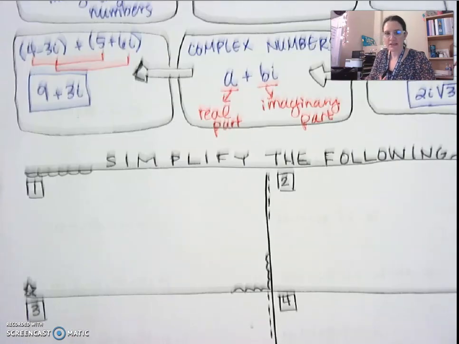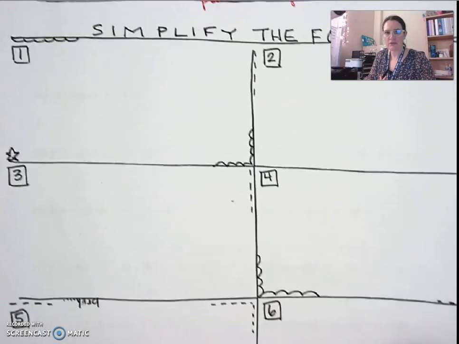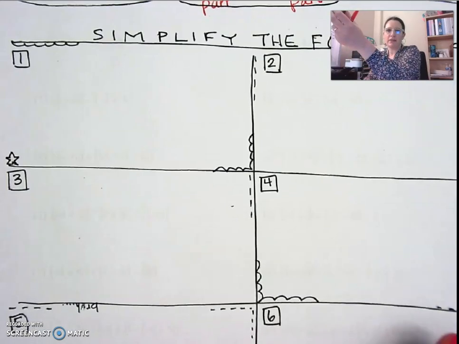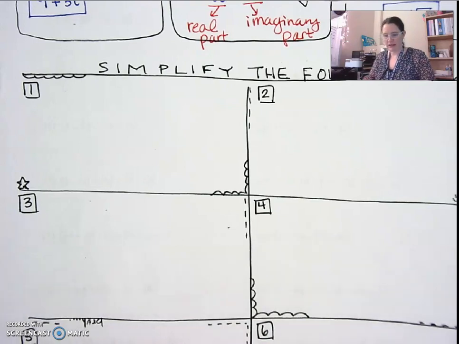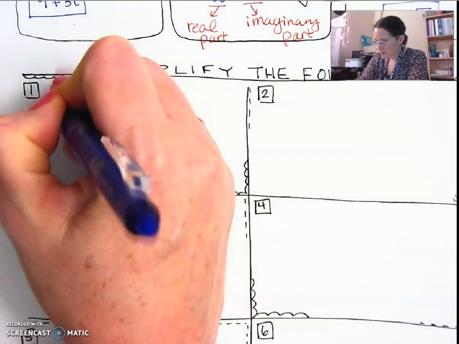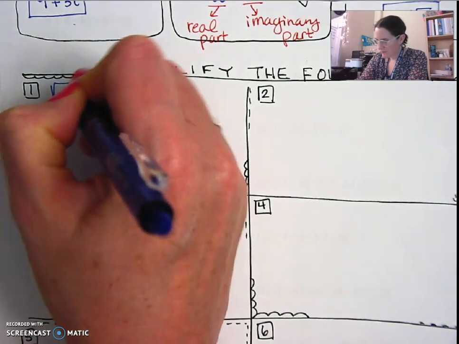Okay, so down here in this section, I'm going to write in some problems. I want you to copy them and then pause your video and try and work them, and then come back after you've done that. So the first problem is square root of -81.